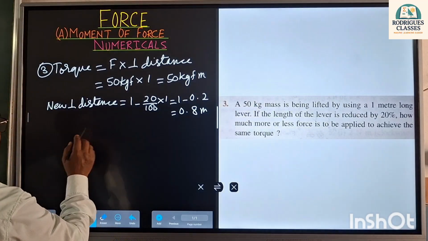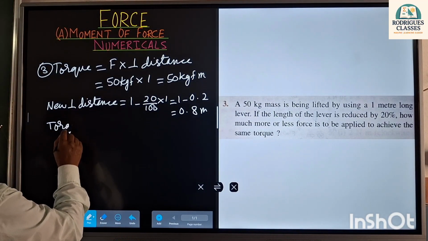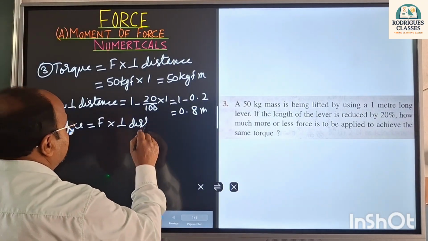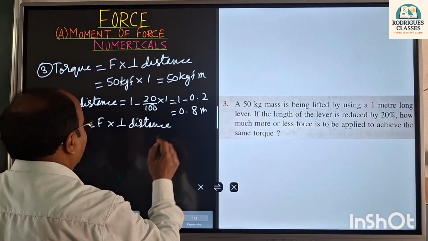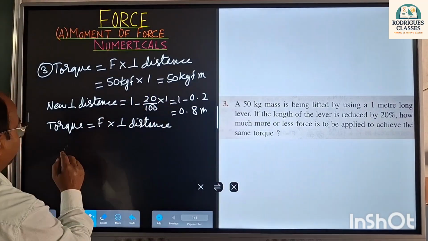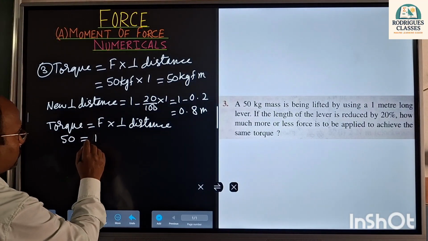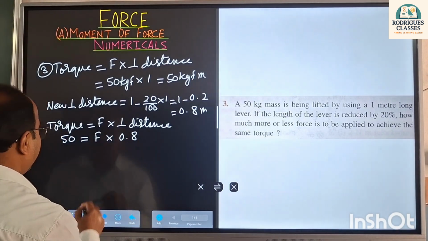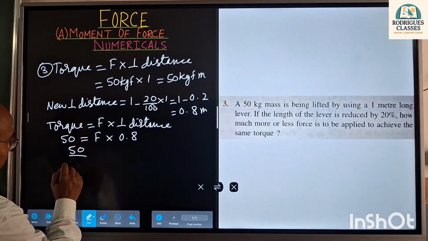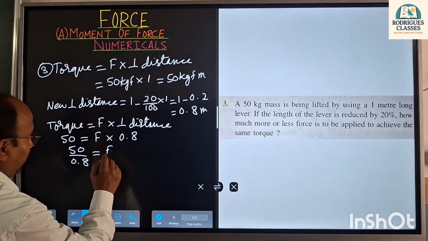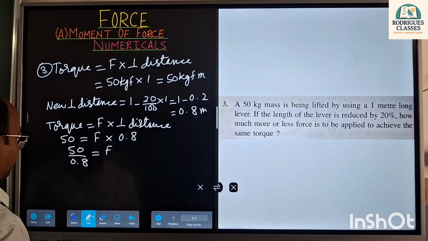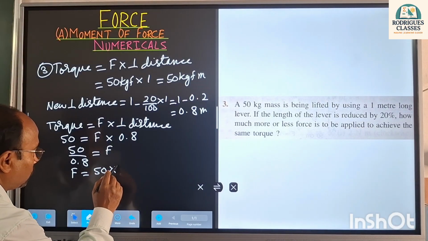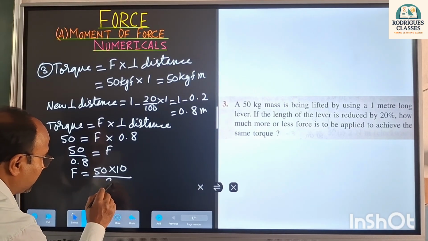So going by the same formula, torque, we will write that same value 50, equals force, the new force we have to find, times perpendicular distance 0.8. So 50 by 0.8 is equal to F. Now I can write F equals 50 into 10 by 8, because I will be removing this decimal.